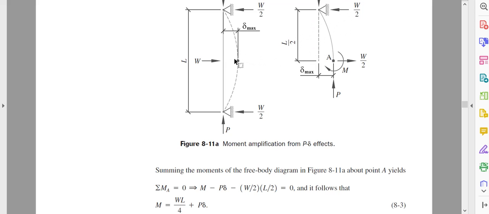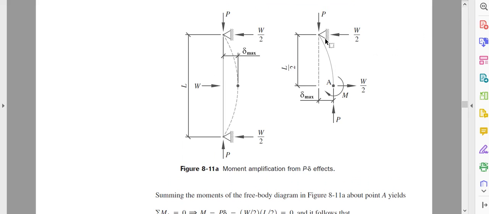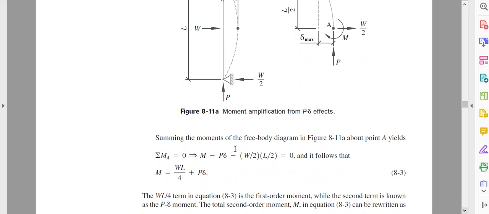So my moment should be WL by 4, but due to buckling there will be additional moment. What is that? Due to the buckling, this P times this delta will produce additional moment. So you can see in this equation, moment is WL by 4 plus P delta.